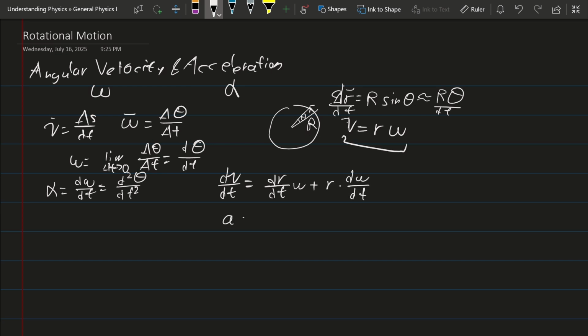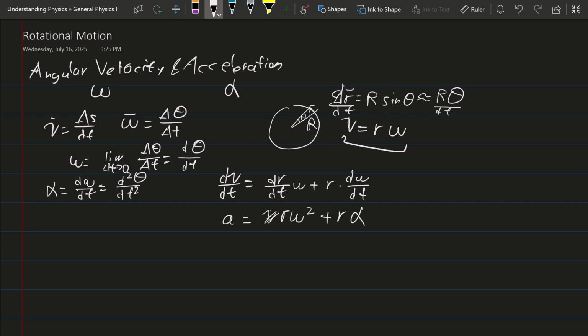So this front part is the acceleration, while in here you could see that there's this change of r over the change of time, which is the velocity, or you could write this to be r times omega, multiplied by another omega, plus r times alpha.